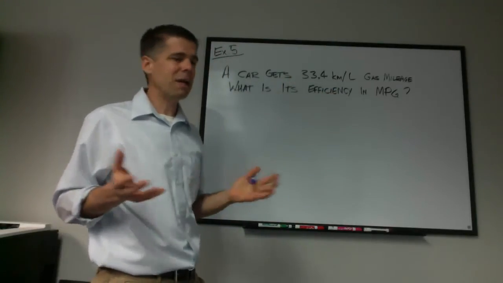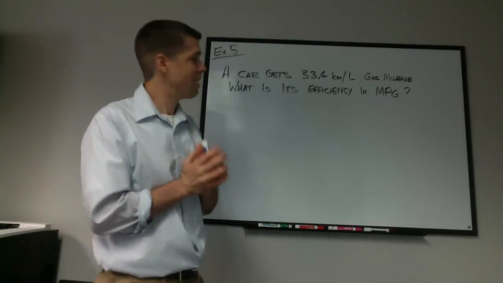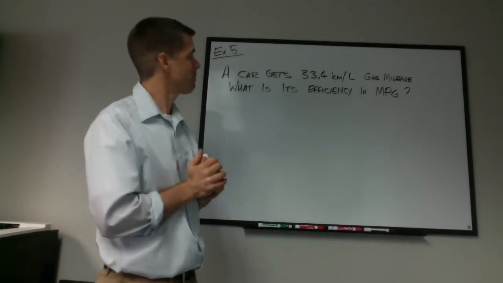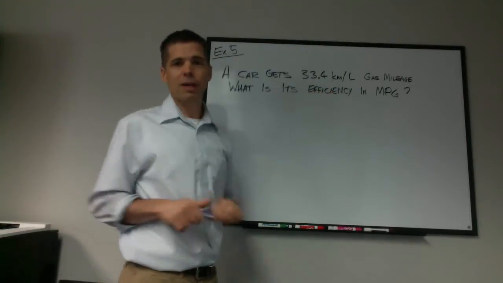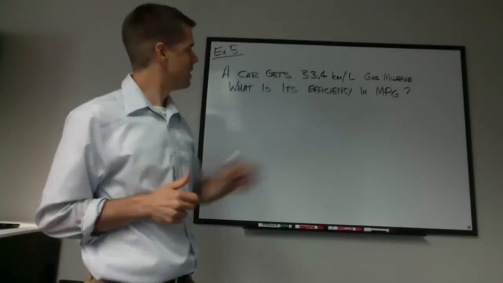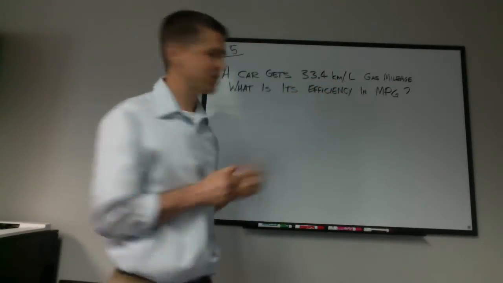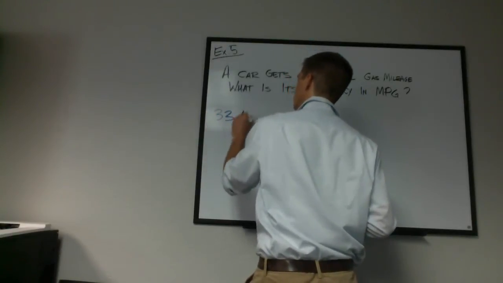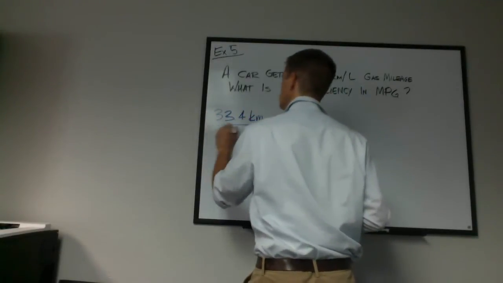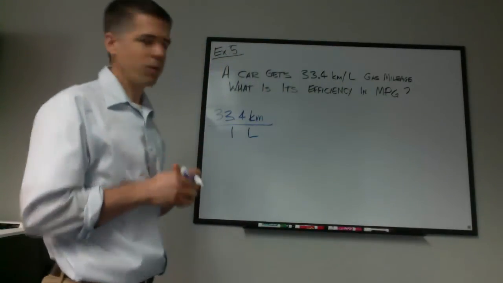It's kind of hard to compare this car to a Prius because the Prius gas mileage you gave me was in mpg. So let's convert. Now this conversion is a little more complicated because there's 2 units in this. It says it gets 33.4 kilometers per liter. This is the way that I write this ratio when I solve my problem.